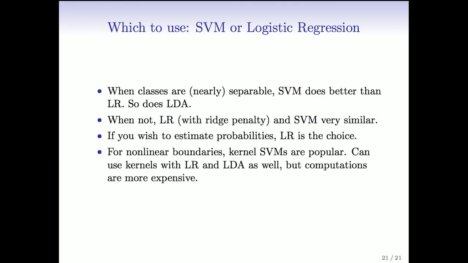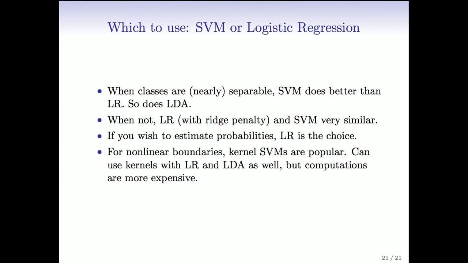But that's a regime where support vector machines do well. When the classes aren't separable, where there's quite a bit of overlap, logistic regression, perhaps with a ridge penalty or with a lasso penalty, tends to do better and is more useful. The results will be similar, but it's more useful because it's actually estimating probabilities for you.